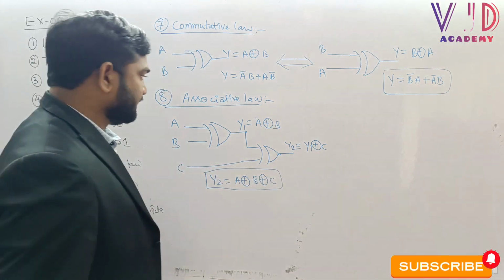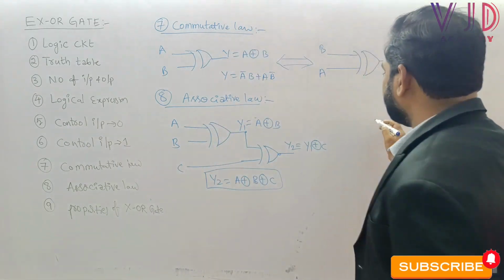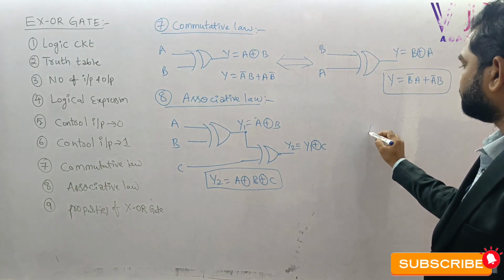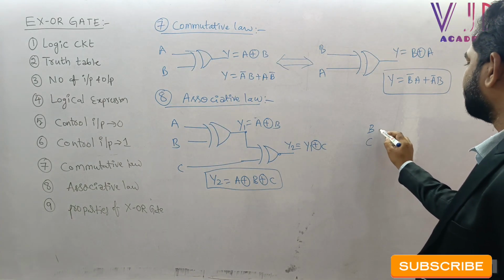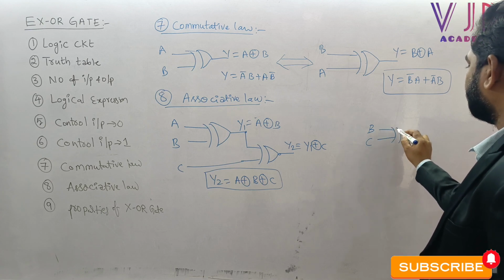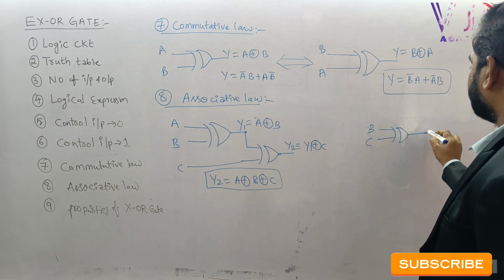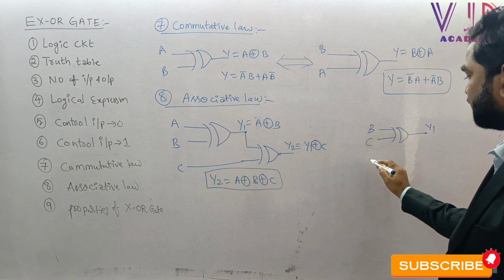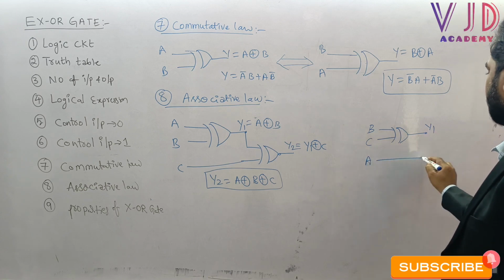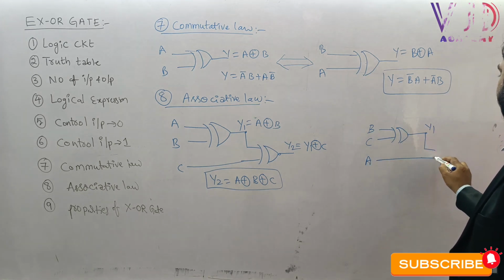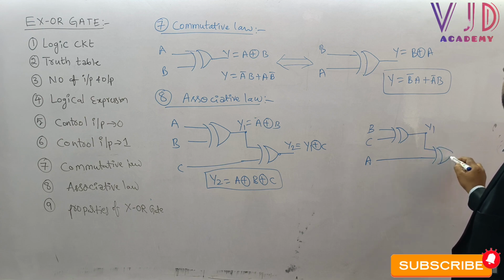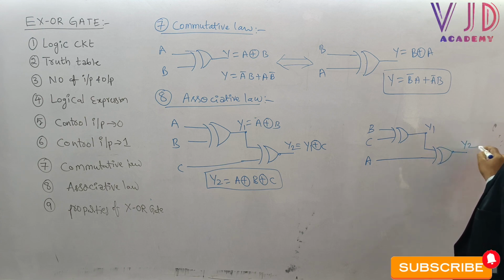And now if I interchange the values, let me take B, C XOR gate with output Y1, and then A connected with another XOR gate, giving Y2.